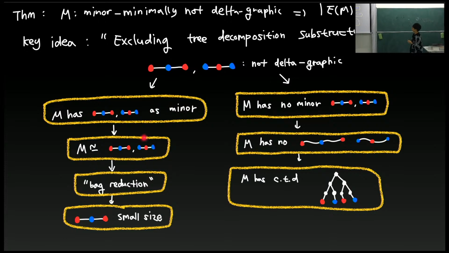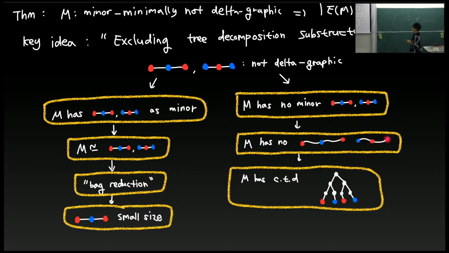So next, we can assume that M has no such structure as a minor. Then, in the 3D composition of M, we can say that there is no path between two red vertices such that at least one of the internal vertices is a blue vertex.